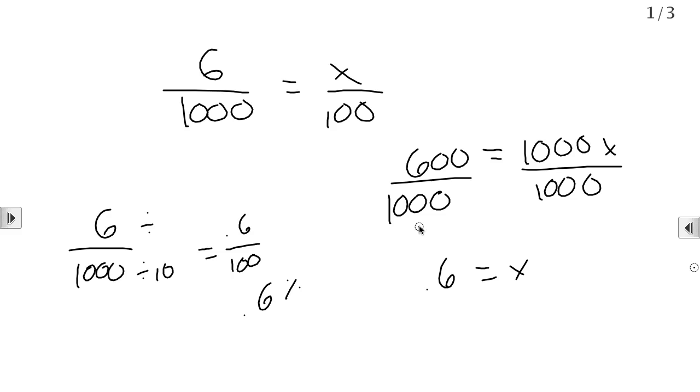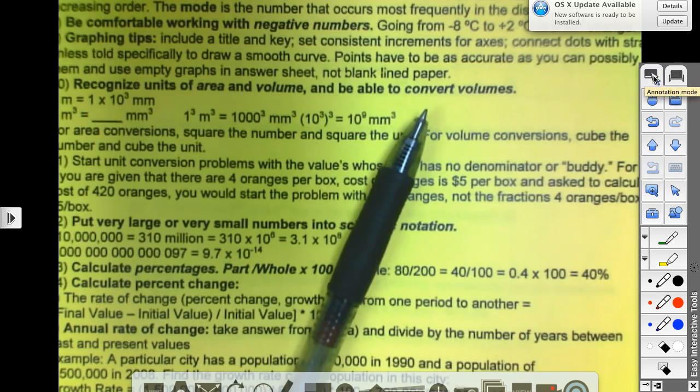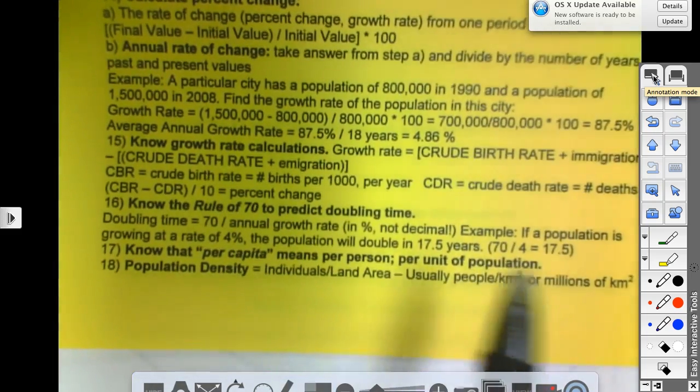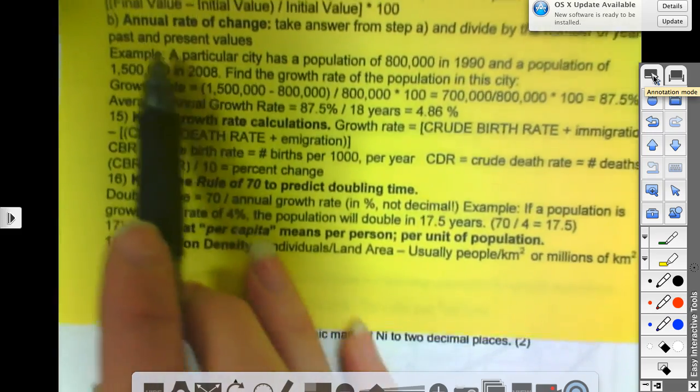All right, so all the little population formulas are on your sheet. I will show them to you real quick. Please make sure you're using scientific notation for all this. Please, please, please. There was one more I didn't show you: per capita and Rule 70, but annual rate of change.